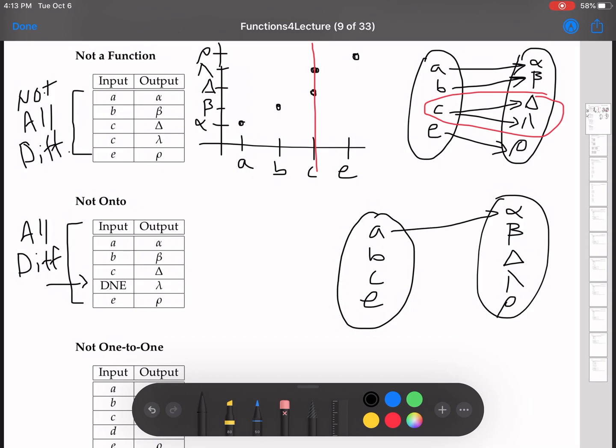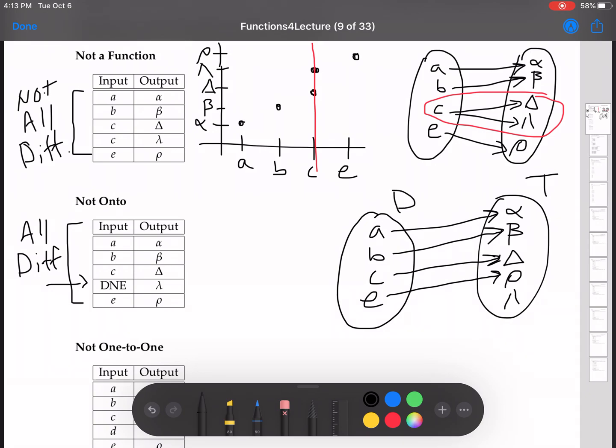A goes to alpha, B goes to beta, C goes to delta, E goes to rho. Let me move things around just a little bit so I can make a nice picture. We'll put rho there, like that. Remember, this is the target, and this is the domain.